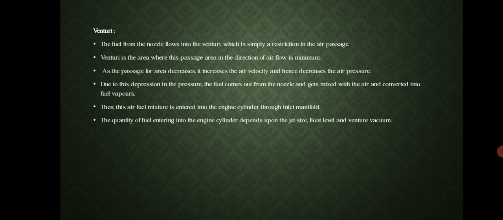Due to this depression in the pressure, the fuel comes out from the nozzle, gets mixed with the air and is converted into fuel vapors. Then this air-fuel mixture enters the engine cylinder through the inlet manifold. The quantity of fuel entering the cylinder depends upon the jet size, float level, and venturi vacuum.